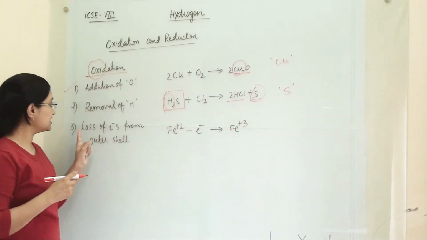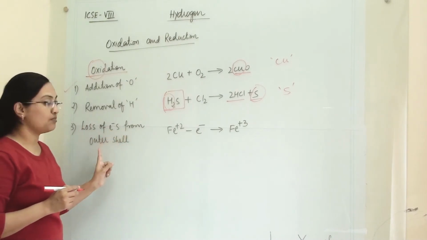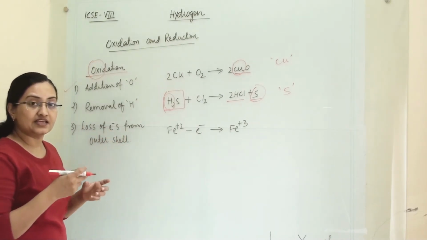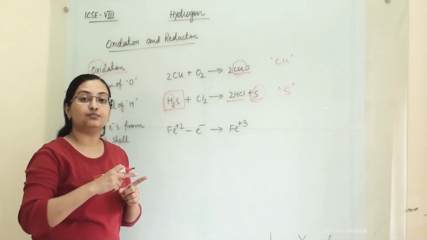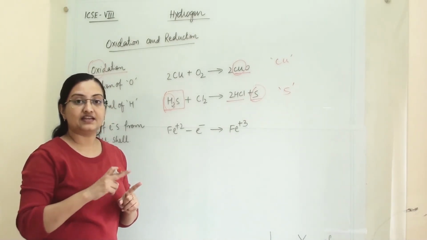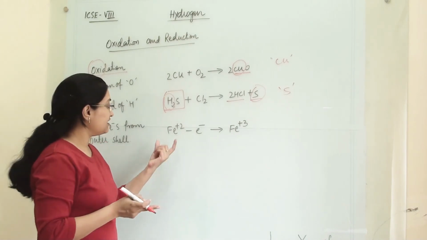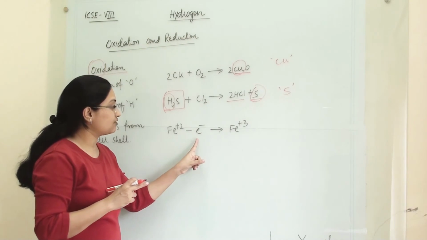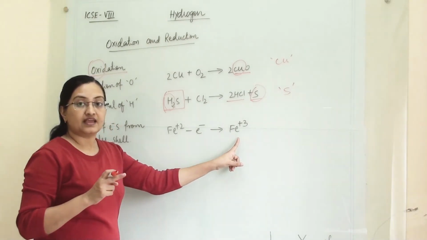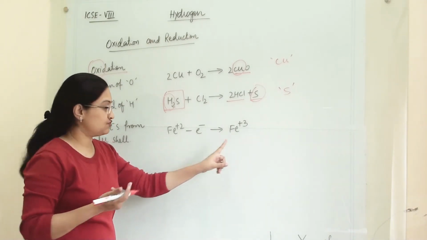Then third is loss of electrons from the outer shell. When an electron from the outer shell is removed, a positive ion, a cation, will form. And if there is already a cation, then it will lose its electron and form a cation with one more positive charge.